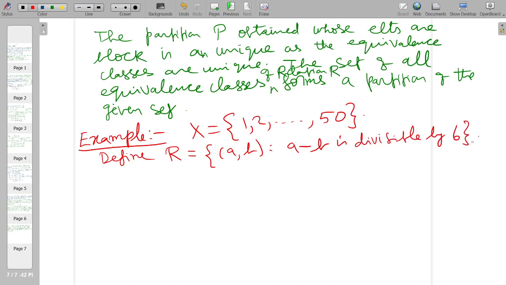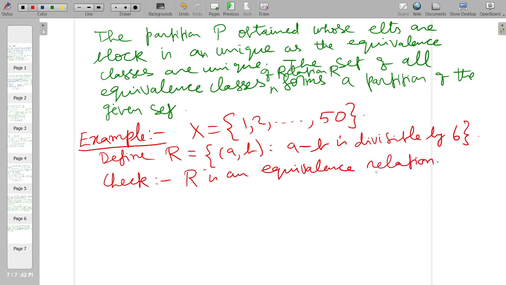You can check that we have already proved the general case, so this will be a particular case. R will be an equivalence relation.